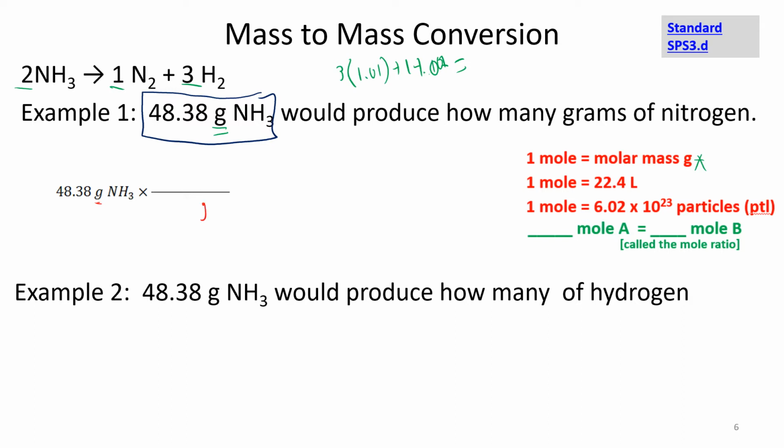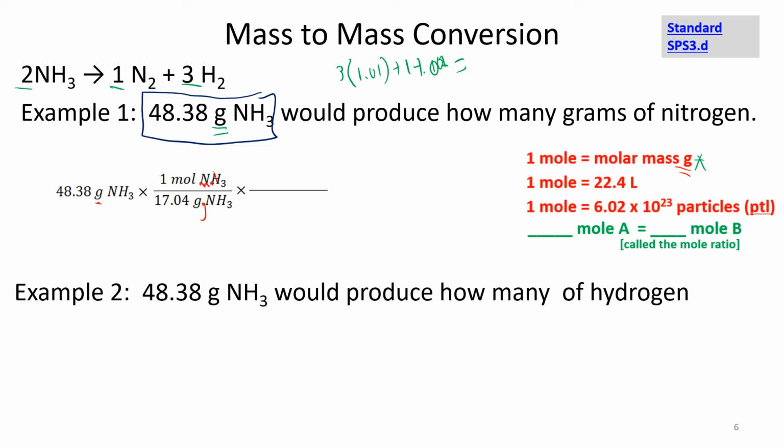If grams is on bottom, my equality statement tells me that moles has to go on top. Now, get in the habit of writing your chemical formulas. It will save your sanity along the way. The relationship between grams and moles, well, 1 mole equals 17.04 grams.